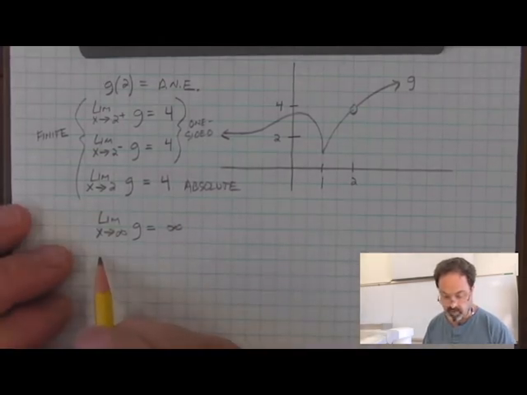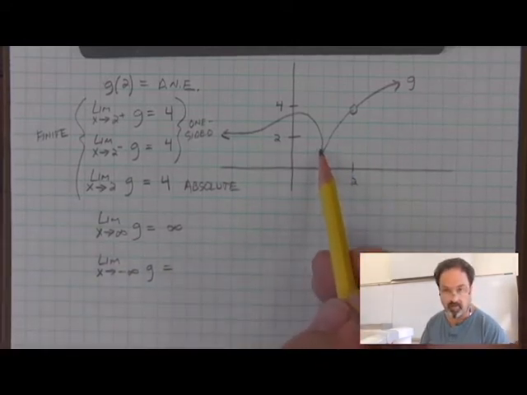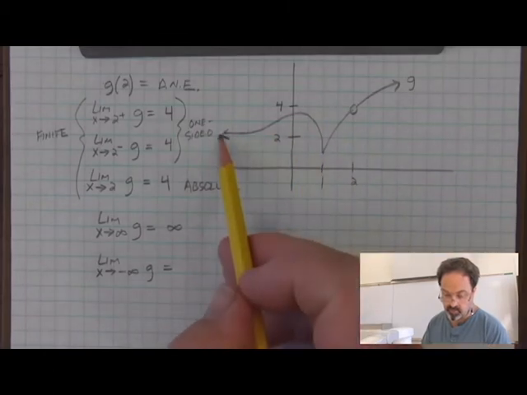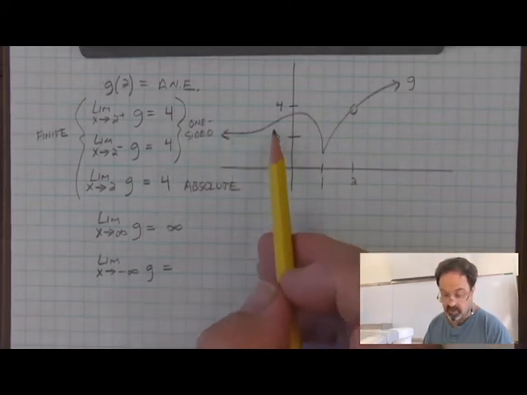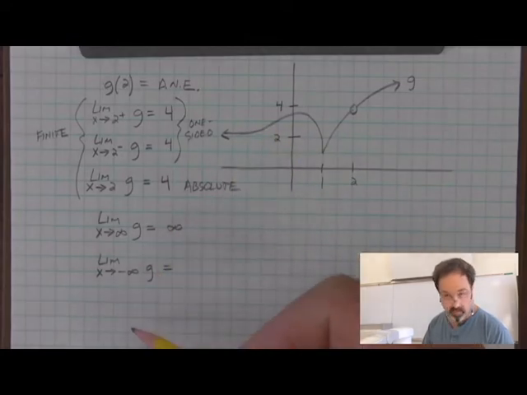There's another end, the left end, and the notation for it is the limit as x approaches negative infinity of the function. And if we look at the graph, the nature of this curve seems to be suggesting that it doesn't go down to a negative infinity.